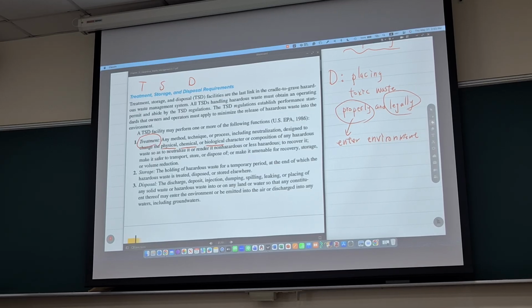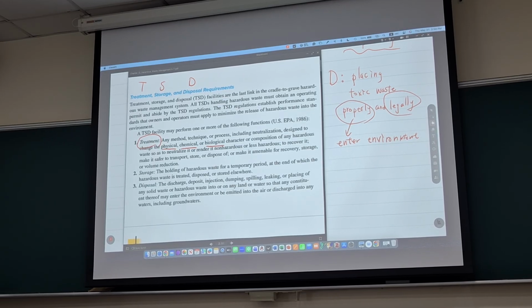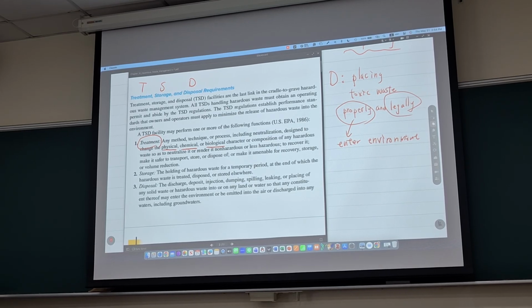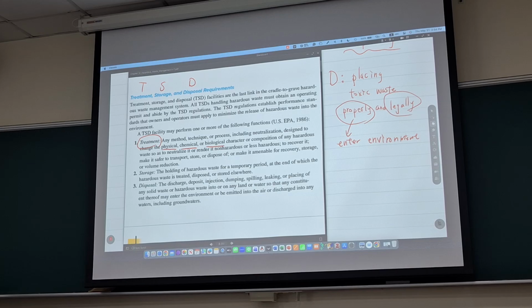So improper disposal will contaminate soil, groundwater, surface water, and even our air. So no one can avoid it.